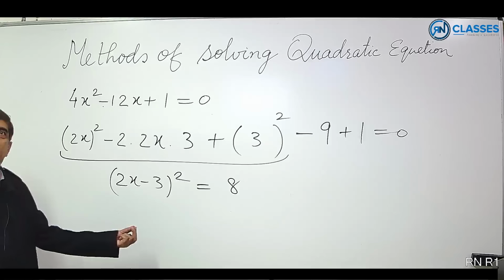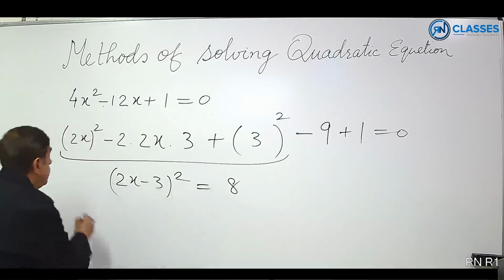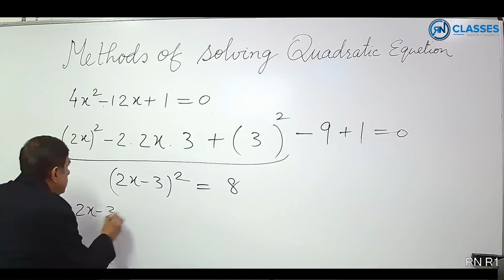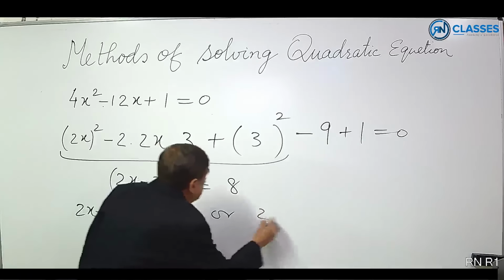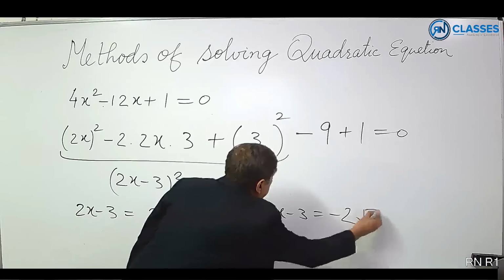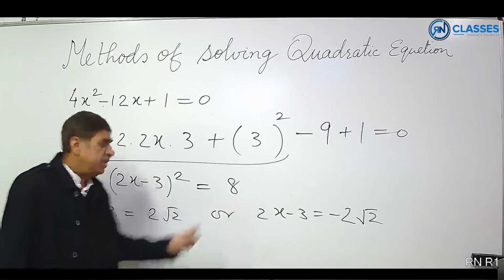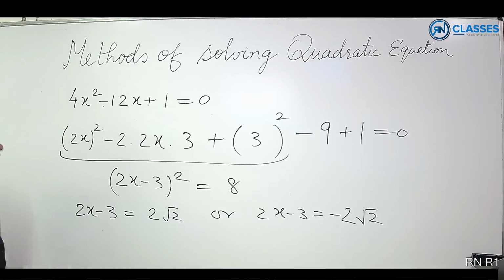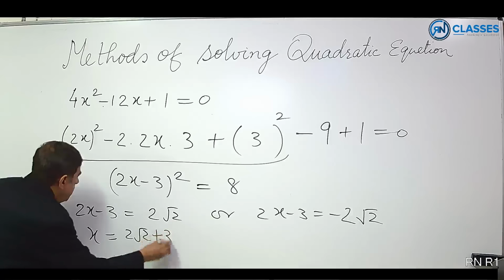So, can you get the solutions of the quadratic? 2x minus 3 whole square equal to 8. 2x minus 3 is either plus 2 root 2 or 2x minus 3 is minus 2 root 2, as you know, there are 2 square roots of the number. So, from here I can get the value of x. x is equal to 3 plus 2 root 2 by 2.